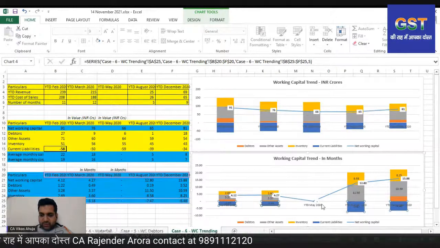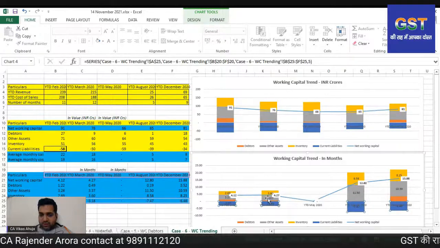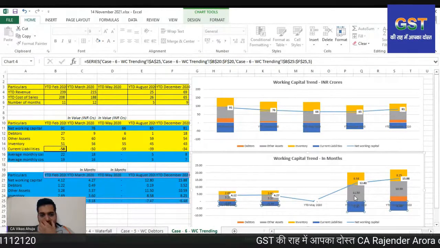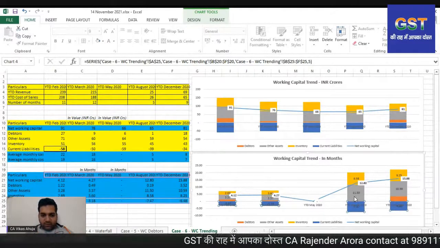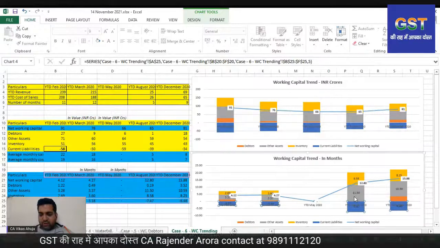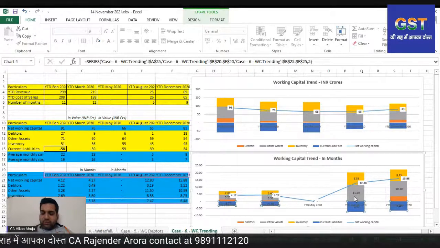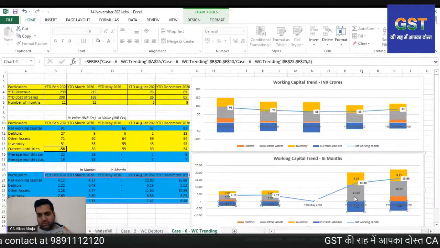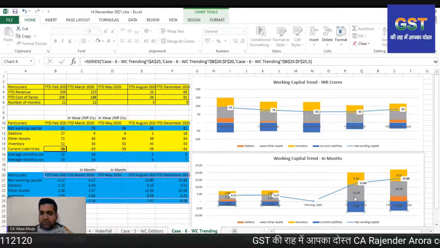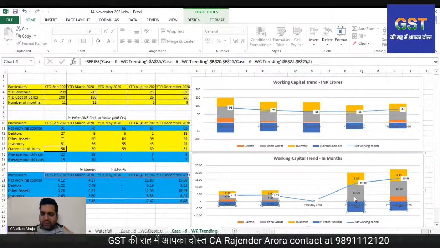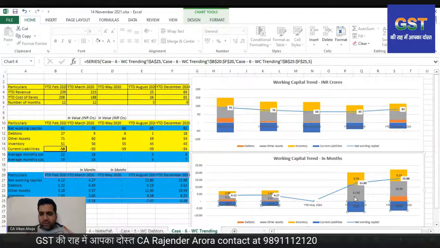From 3 months it has turned to 7 months. But for inventory, from 3 months it is going to 11 months of inventory, which does not make sense. When you don't have sale, why are you blocking inventory? Which type of inventory is it? Raw material, finished goods or work in progress? What sort of inventory is blocked when you're not selling anything? Obviously there is some planning issue.